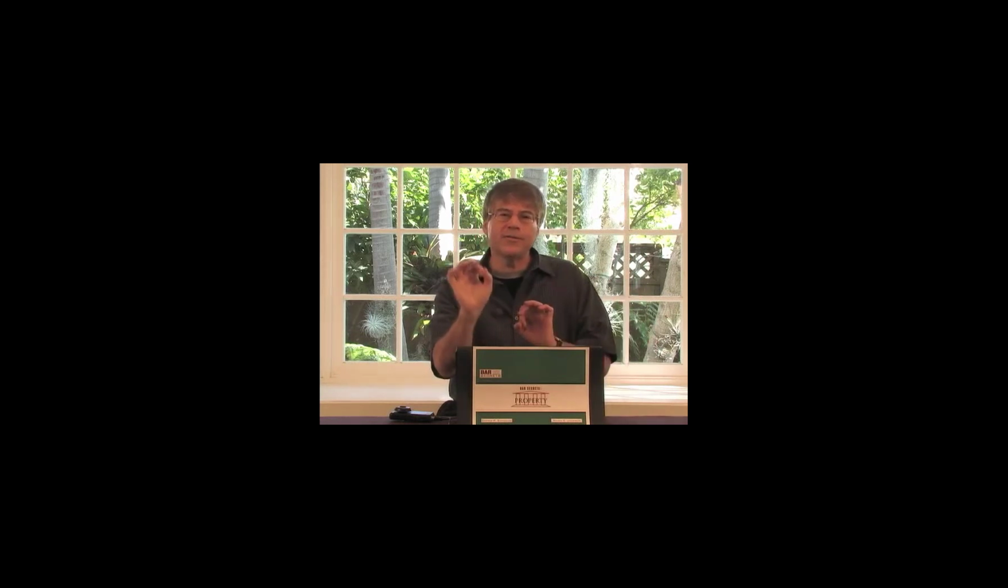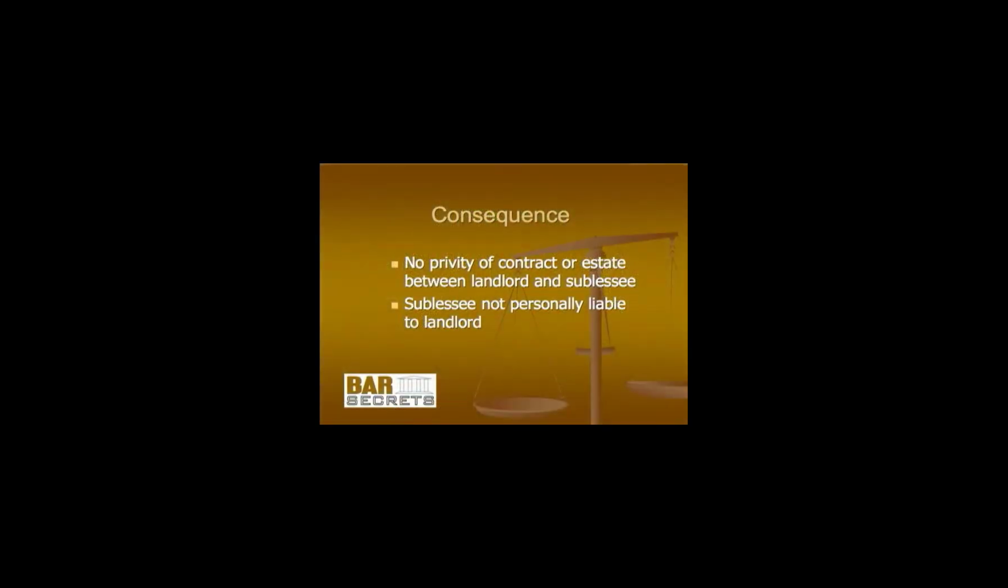Tenant 1 has a 5-year leasehold estate. Tenant 1 subleases, which means partial transfer. Tenant 2 moves on to tenant 1's 5-year leasehold estate and is actually in privity of estate with tenant 1, not with the landlord. That's the difference between assignment and sublease.